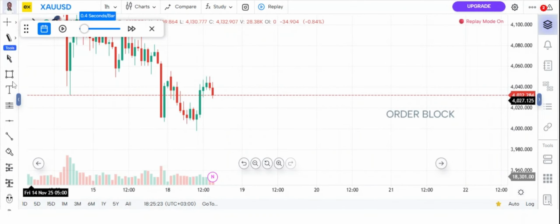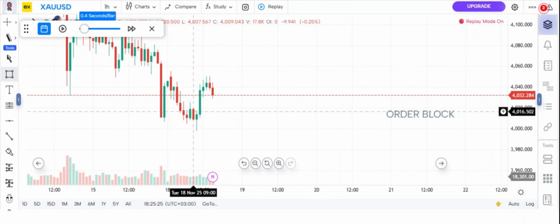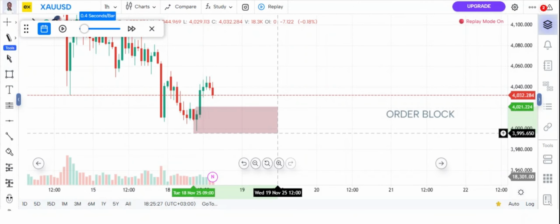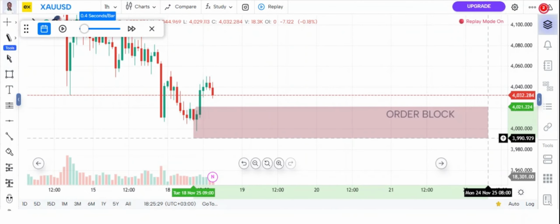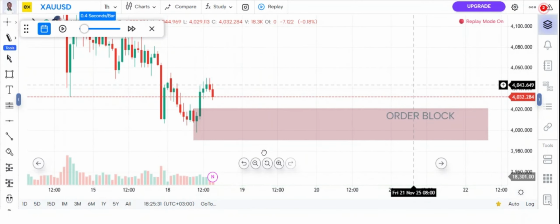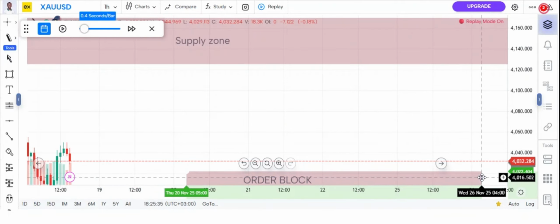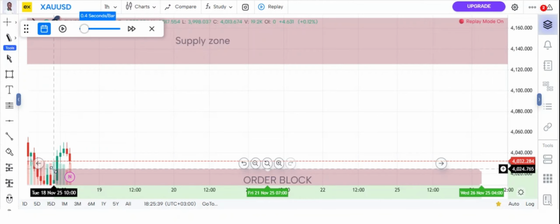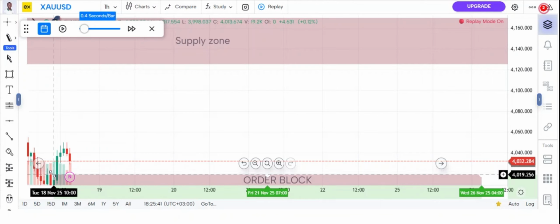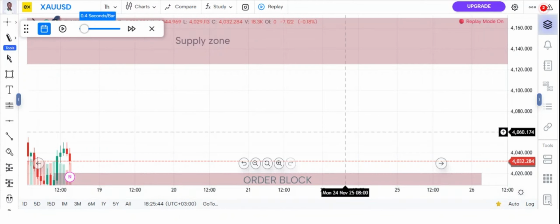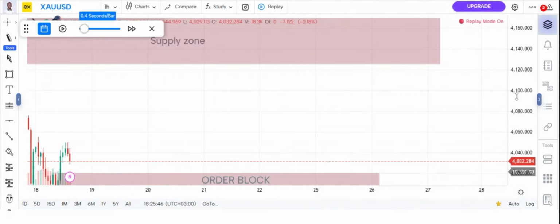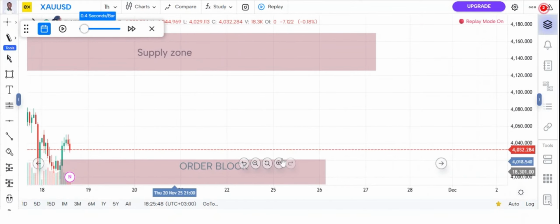So we get our candlestick, then mark out all of this. I can see that we have marked our order block here.